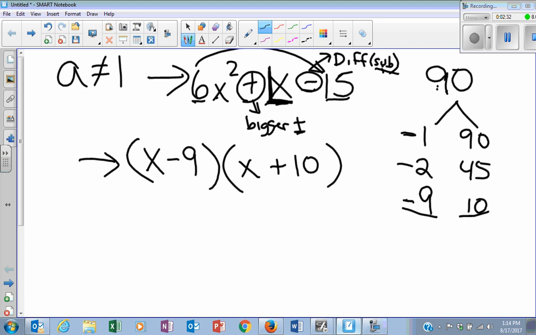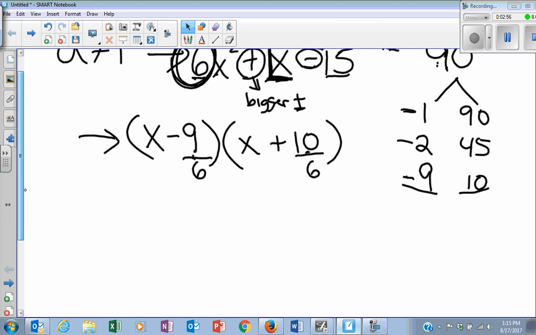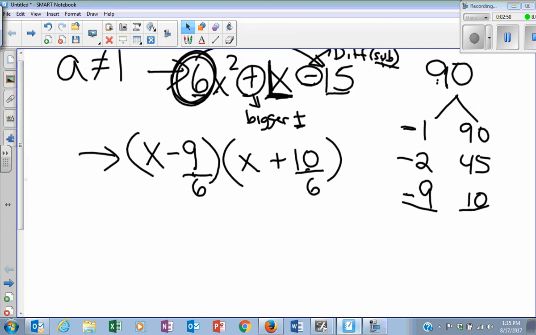I'm not done. Okay? Here is one of the last parts. We have 2 more parts really. Whatever this number is, every single time, you divide each one of these numbers by it. So I'm going to divide this by 6, and I'm going to divide this by 6. Remember, that number came from right here. This guy right here, that's 6.